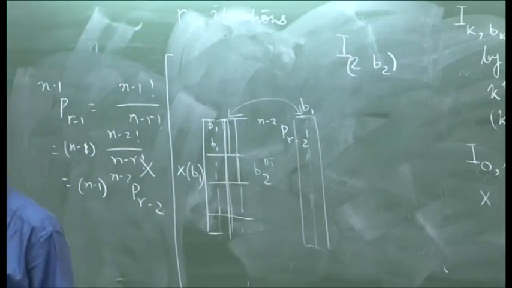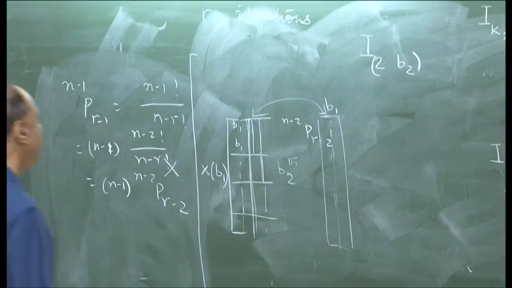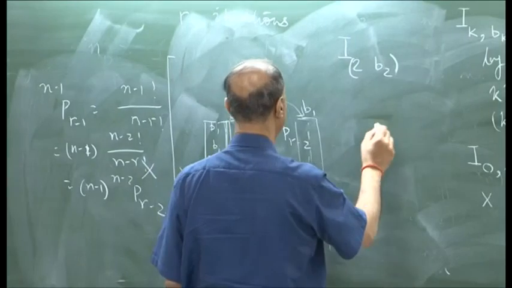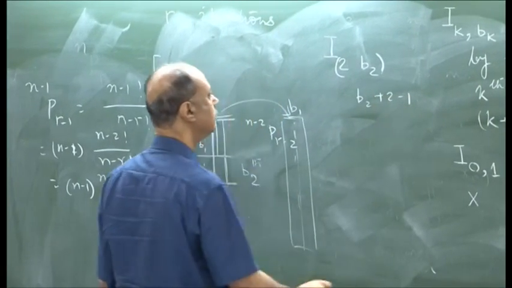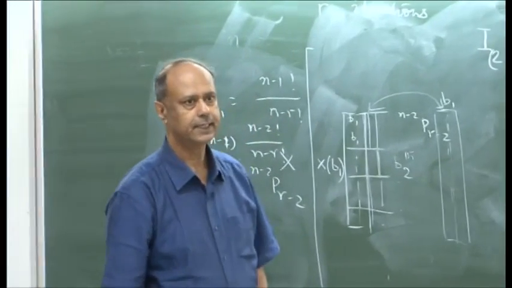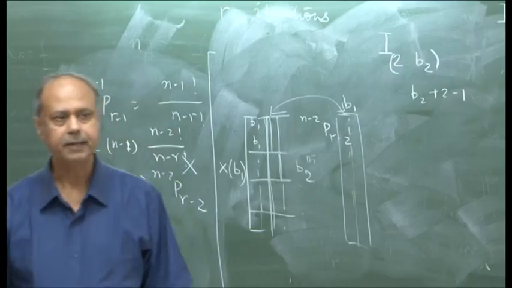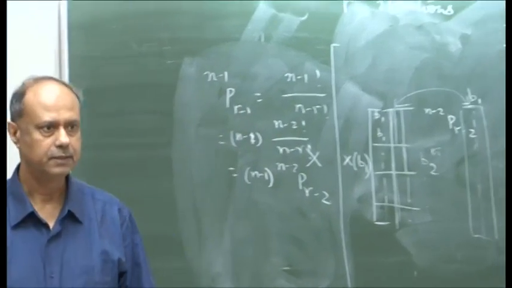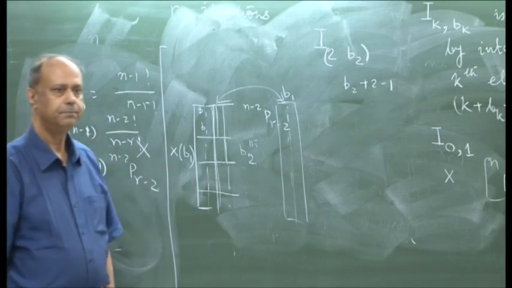That means the second element will be interchanged with B2 plus 2 minus 1. Is it okay?